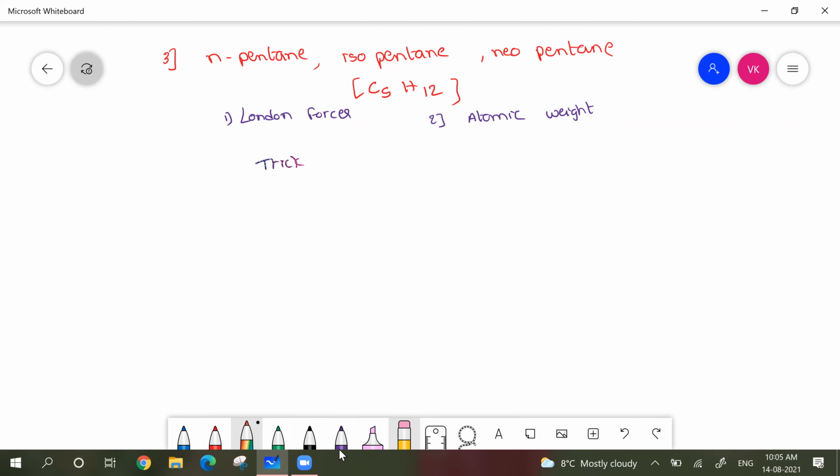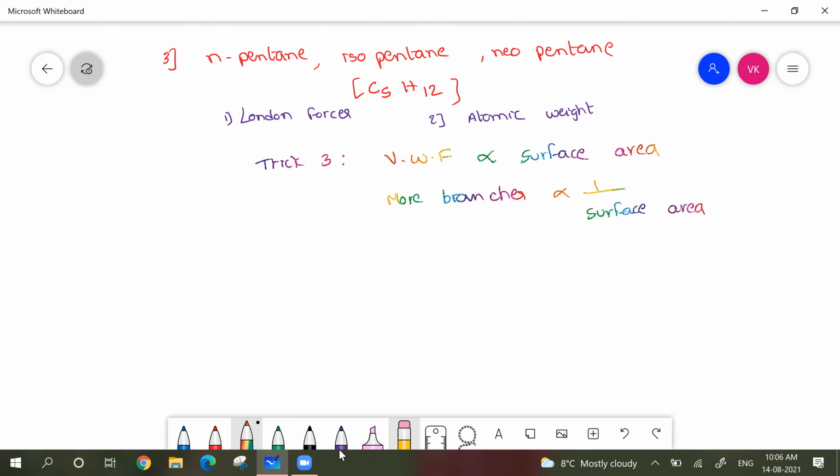Third one, so here you can say van der Waals forces always increase with increasing surface area. And here remember, whenever there are more branches, surface area will decrease. Okay, inversely proportional.